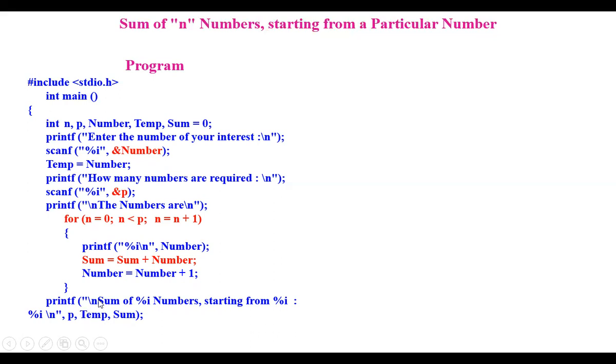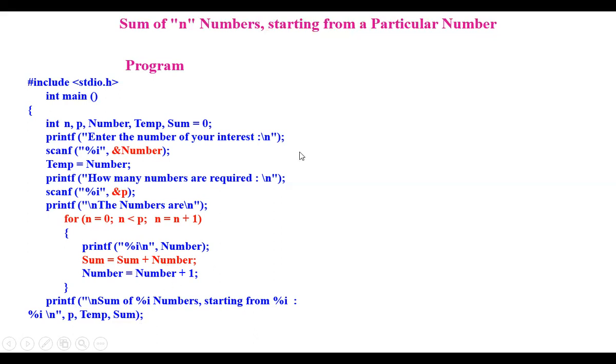I'm using this temporary variable here. Why? The sum of, say, 5 numbers: sum of p numbers starting from which number? The number we entered, the starting value. That's why this temp is used. And of course, this sum is the final value after adding up all the numbers.